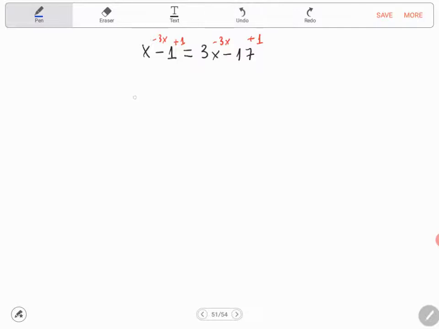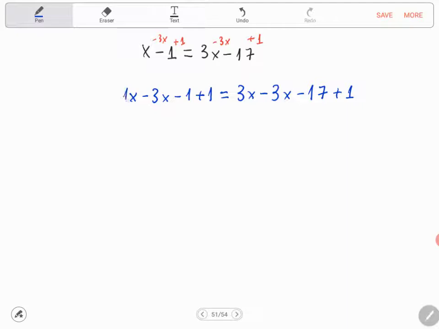Then we have x minus 3x minus 1 plus 1 equals 3x minus 3x minus 17 plus 1.